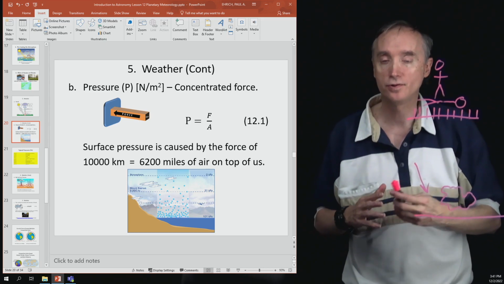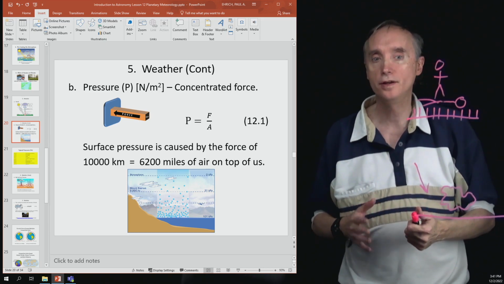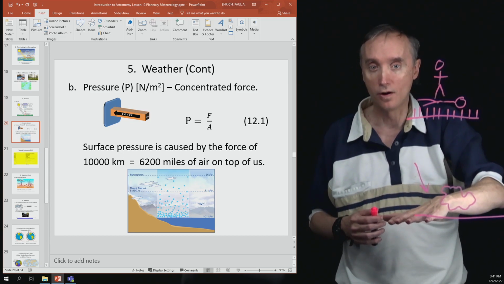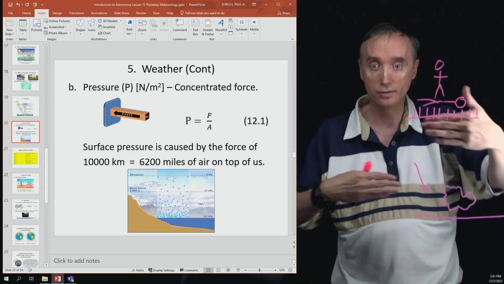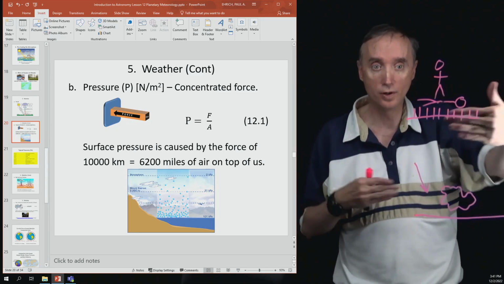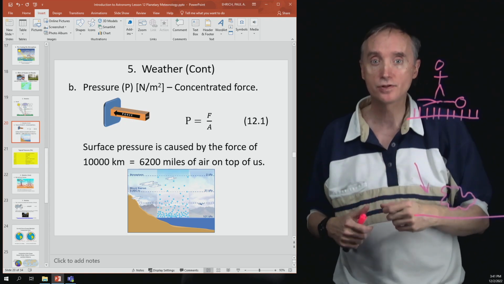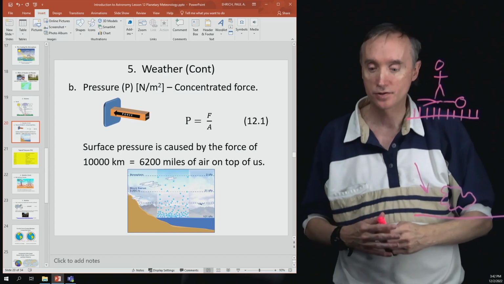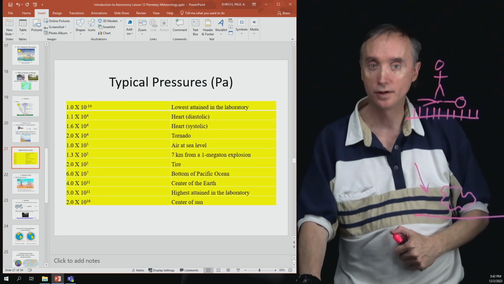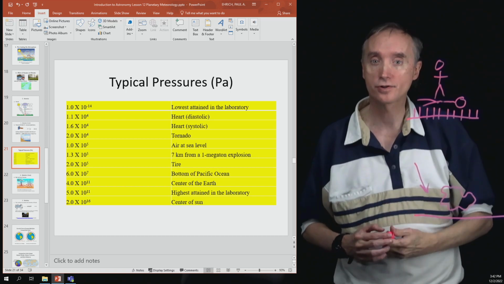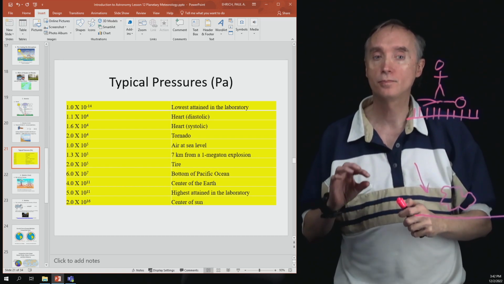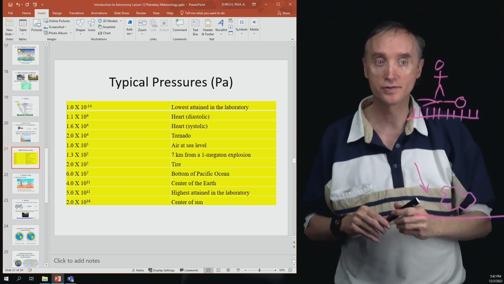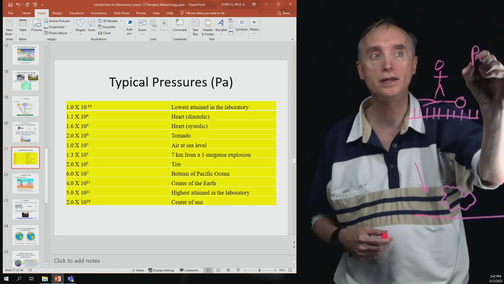So if you were to take the weight of all the air that's pushing down on top of us on 1 square meter, so 1 meter by 1 meter, then that would be the atmospheric pressure in newtons per meter squared. Just to give you an idea, here are some typical pressures. Now a newton per meter squared is called a Pascal and is abbreviated Pa.